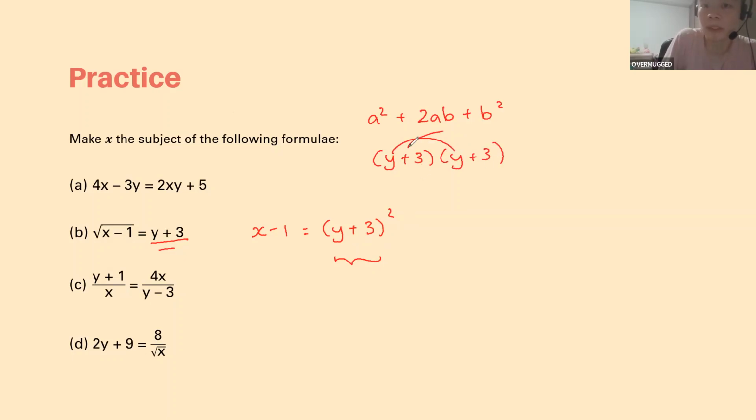Do your rainbow method to expand. Do you need help for B?